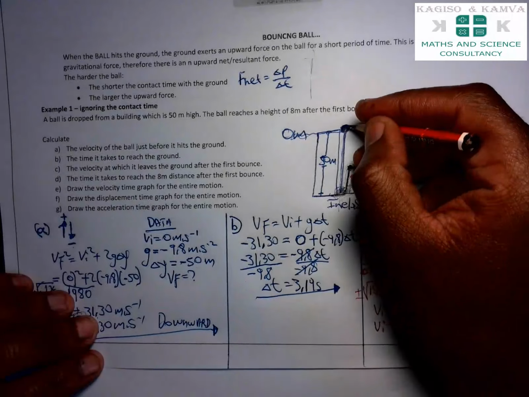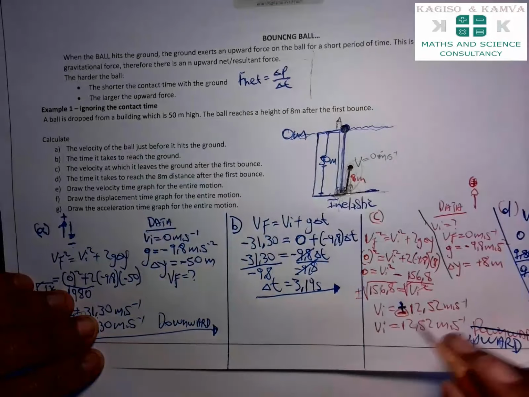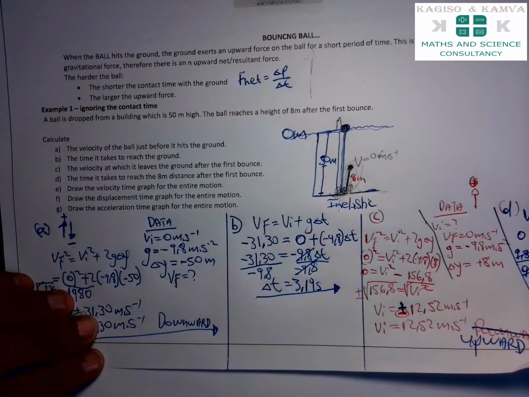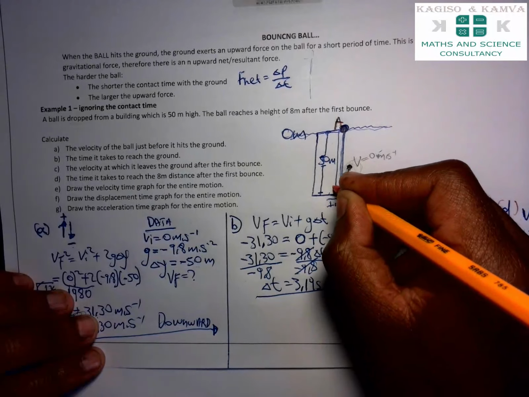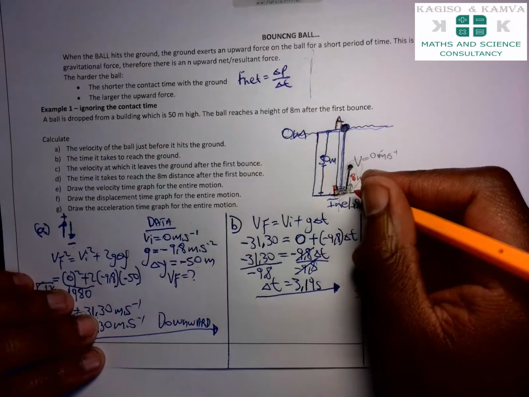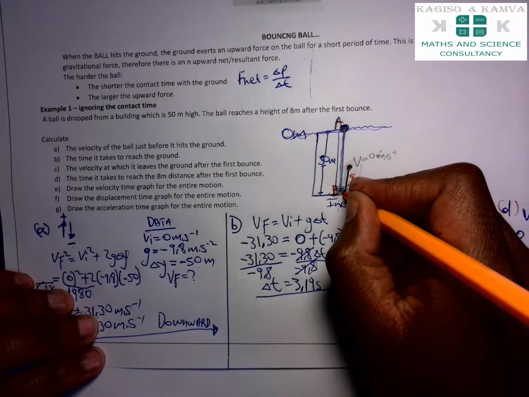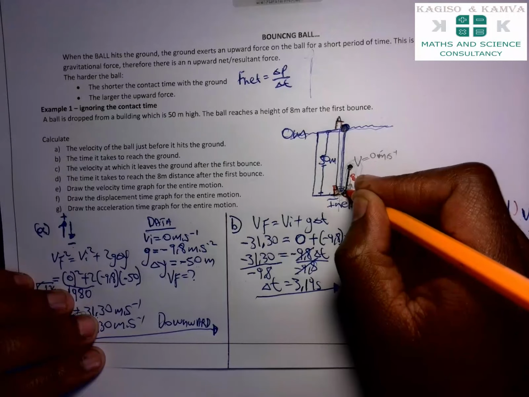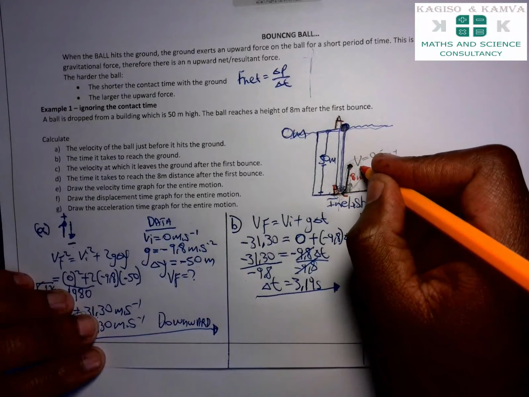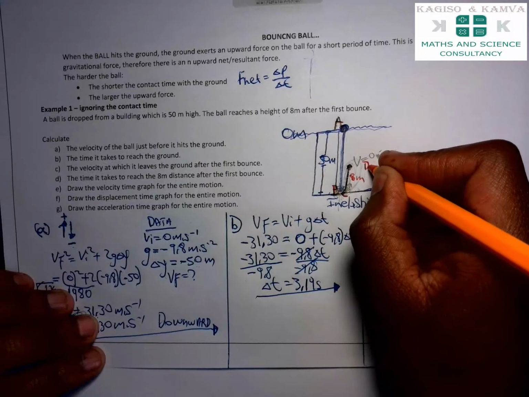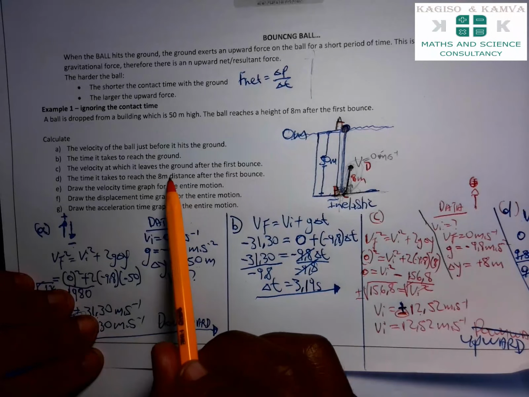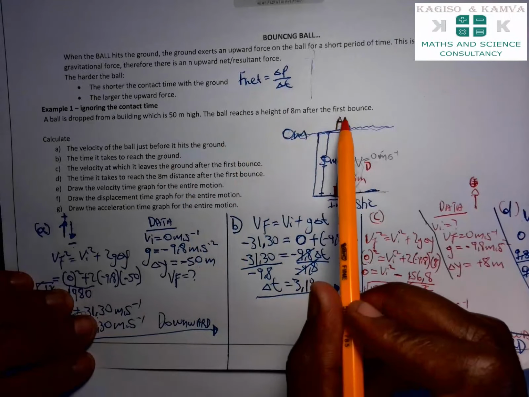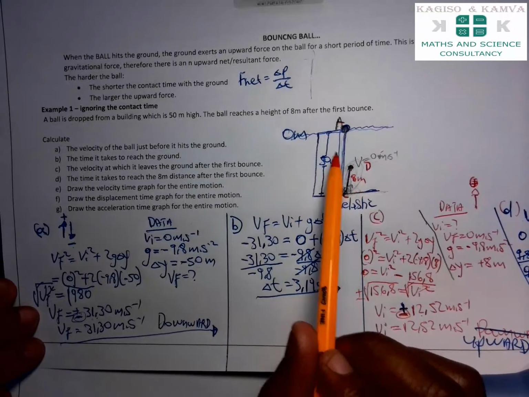The first point here is going to be A. I'm going to have A there, and then here I'm going to have B. I'm also going to have, let's say, C, which is the velocity at which it leaves the ground, and then we are also going to have D there, up until it reaches 8 meters for the entire motion.